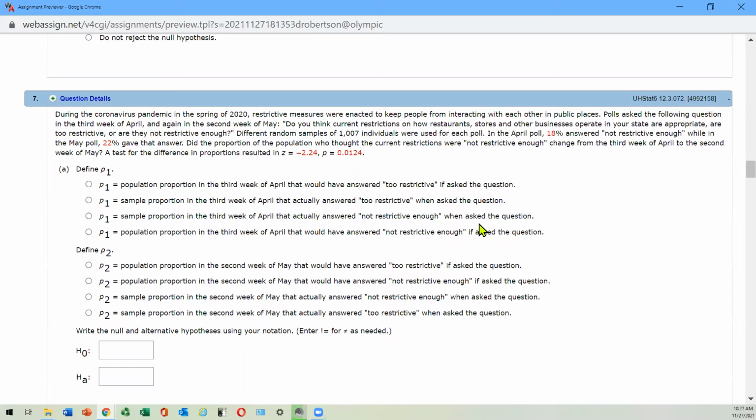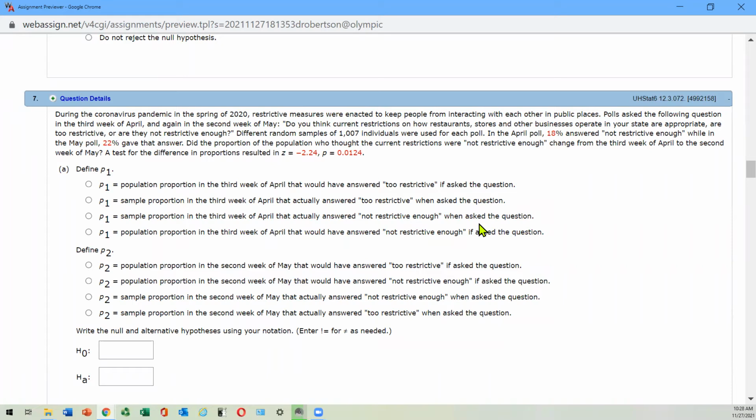Or are they not restrictive enough? They had 2 different random samples of 1,007 individuals. In the April poll, 18% said they weren't restrictive enough. Well, in May, it was 22%.